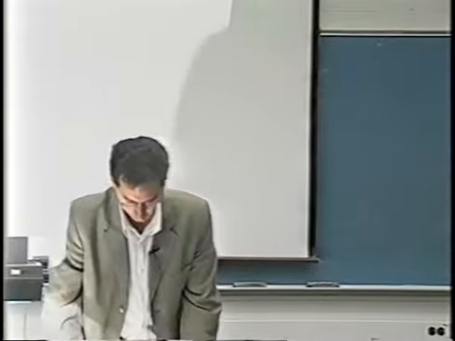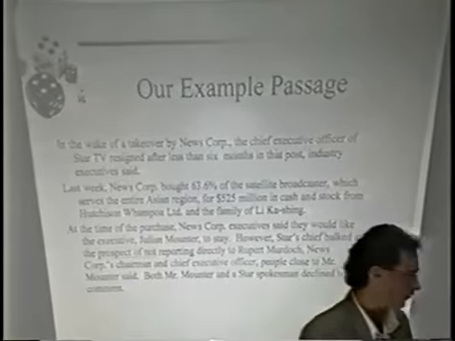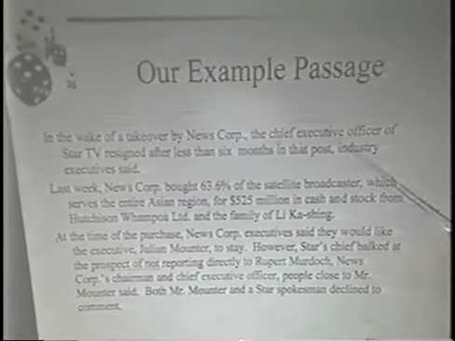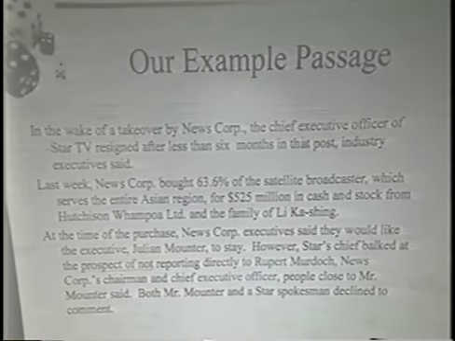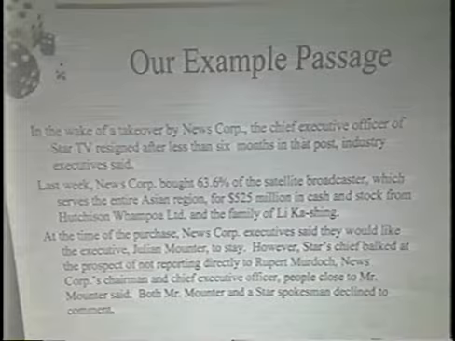So let's look back at our example passage. Recall that the correct thing to do was to generate this event of Julian Mounter becoming CEO of Star TV. Well, it turned out that Fastest made two humongous mistakes on this text. First, it completely missed that event.